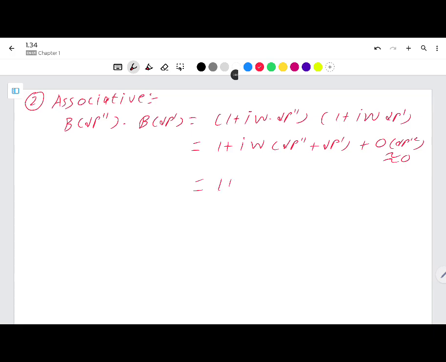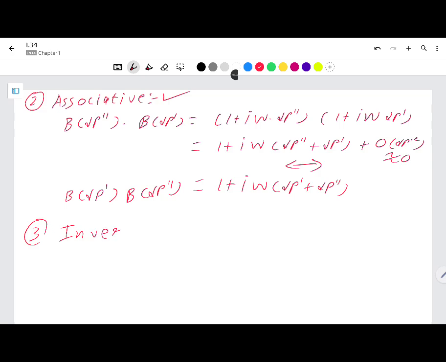I can always interchange these terms, which is nothing but first translating by dp double prime and then dp prime. So the associative property is also true.